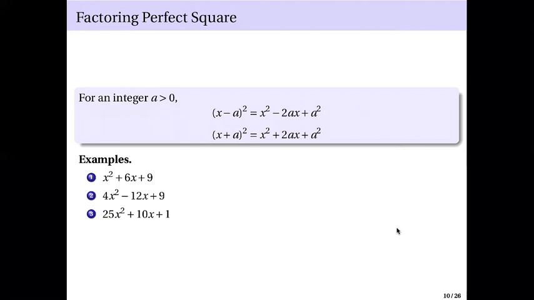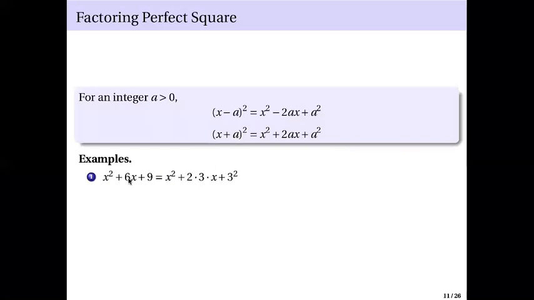I will teach you that later. But for now, for the sake of using this formula, let us try to factor this using the formulas. So for the first one here, you have x squared plus 6x plus 9.